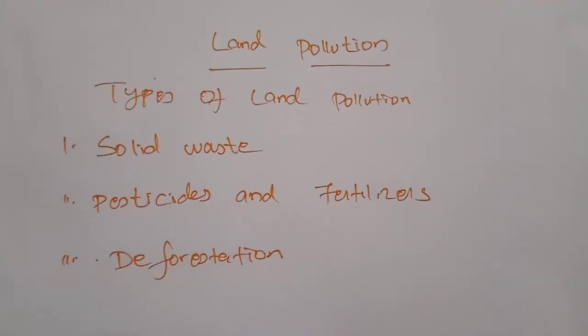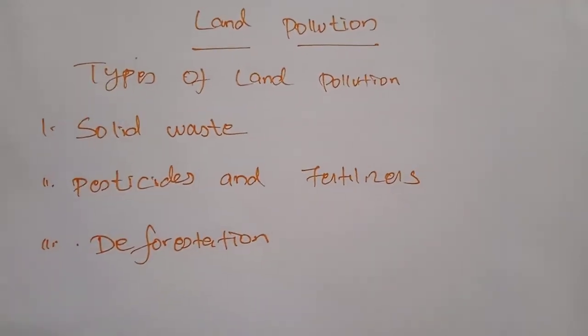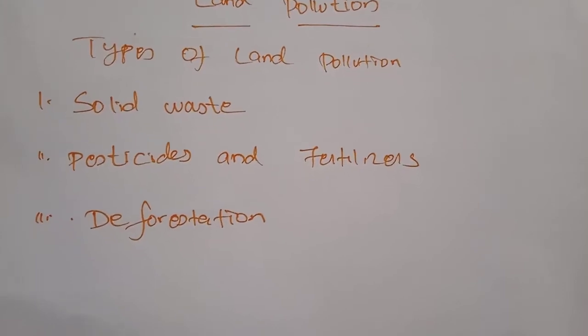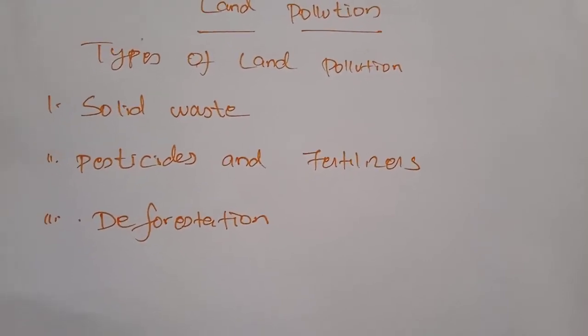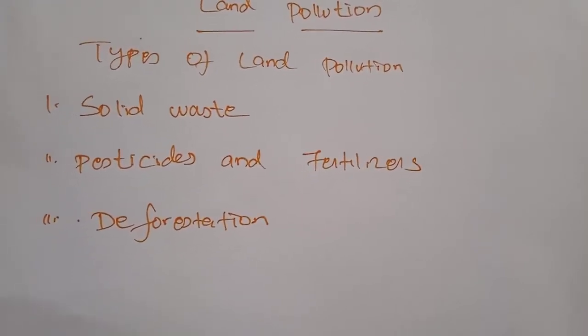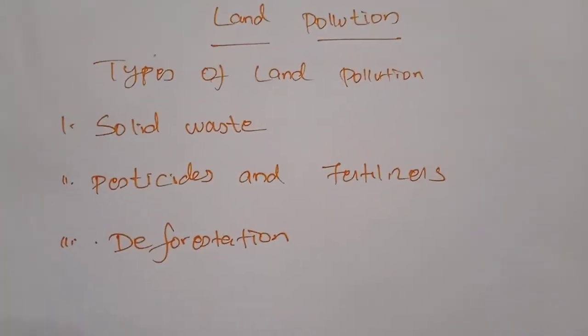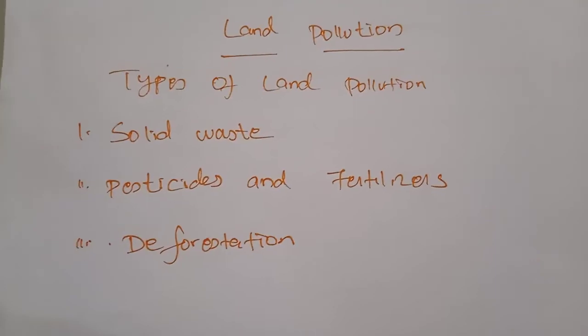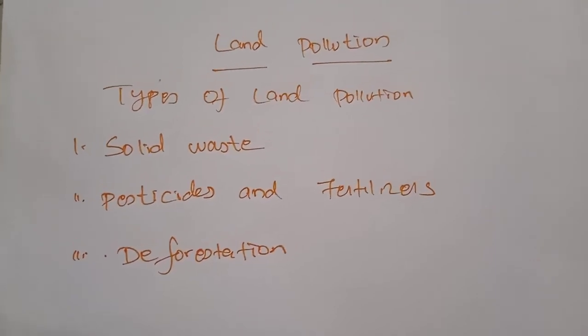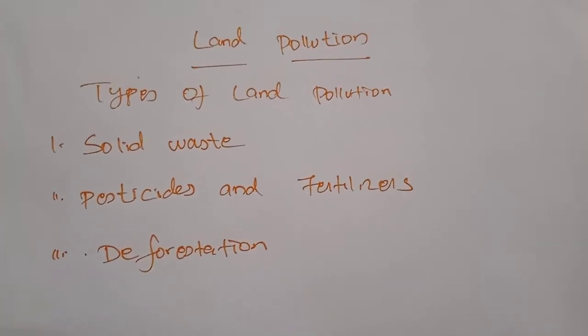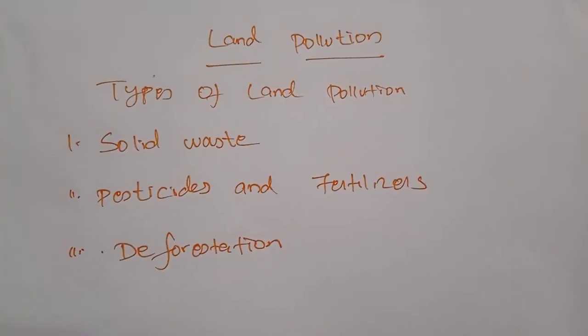Next, land pollution. Land pollution is defined as the degradation of land because of the disposal of waste on the land. If any land is polluted, that is called land pollution. Now the types of land pollution.